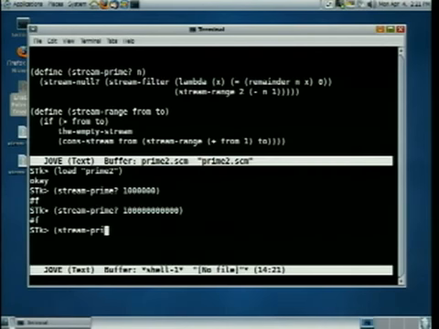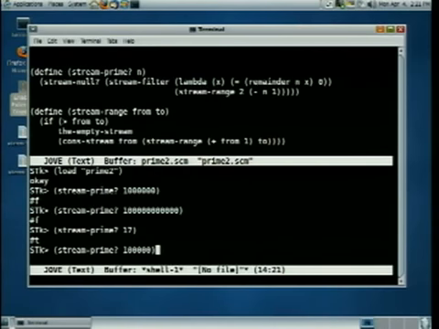And of course, for small prime numbers, we can try it on like 17. It says true. And for the same reason as before, I'm not going to try on a large prime number because we'll get in trouble. Well, let's try it on a fairly large prime number anyway. It failed on 100,000 before, right?